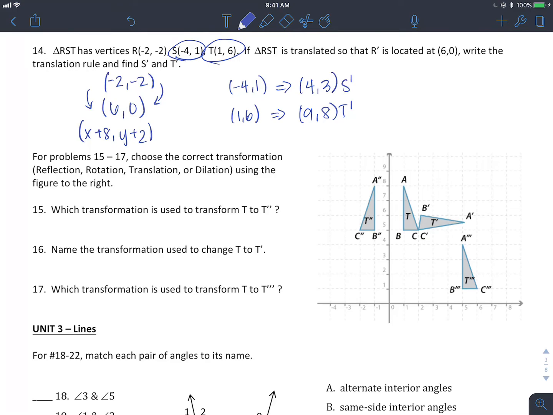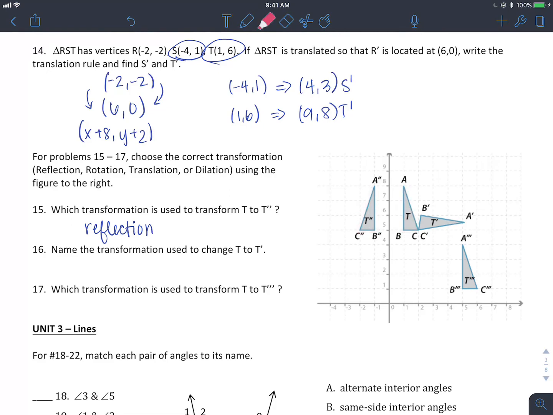All right, on 15 through 17, choose the transformation. So which transformation is used to transform from T to T double prime? That one is a flip. So that means it is a reflection.